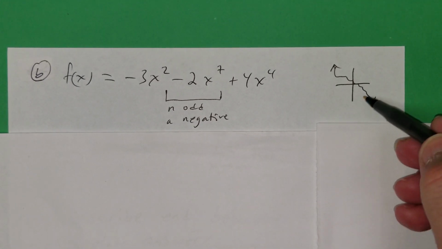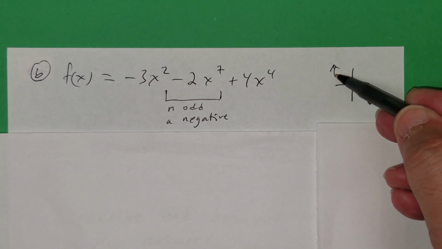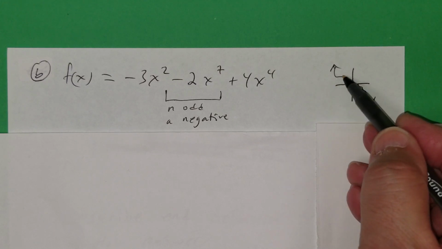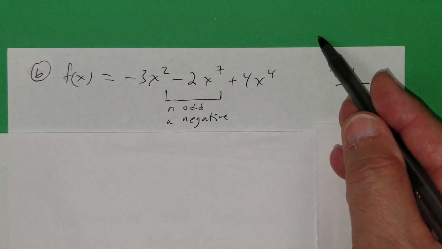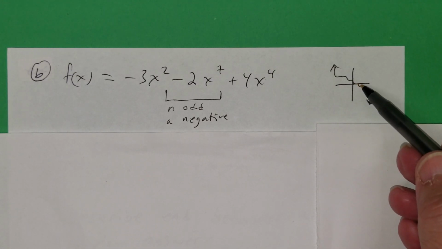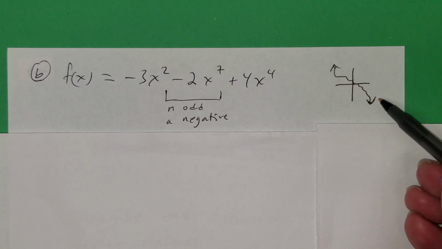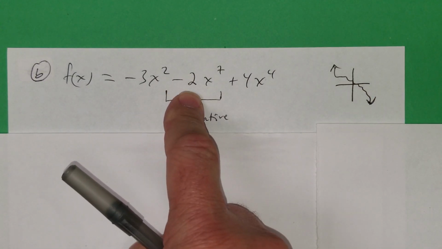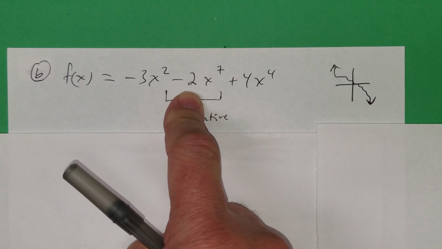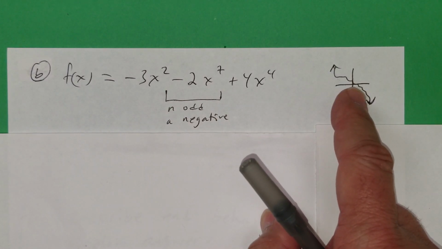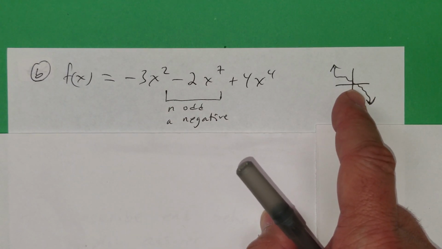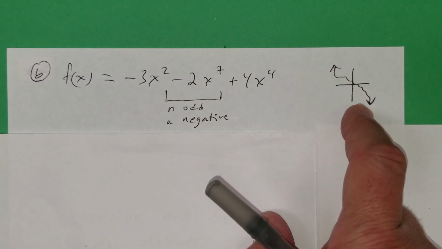I don't know what's going on in the middle. I just know that the end, as x goes this way, my graph goes up and up and up. As x goes this way, my graph goes down, down, down. I got that information just by looking at the polynomial. Okay? So this graph could be totally wrong. I'm just illustrating what it could be.